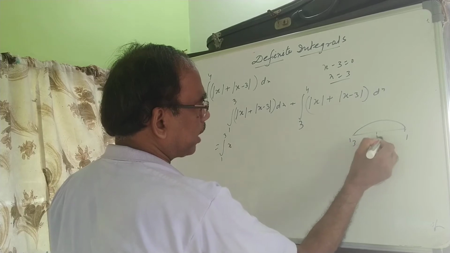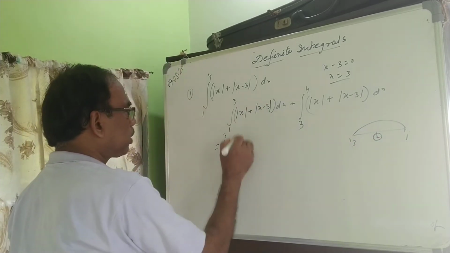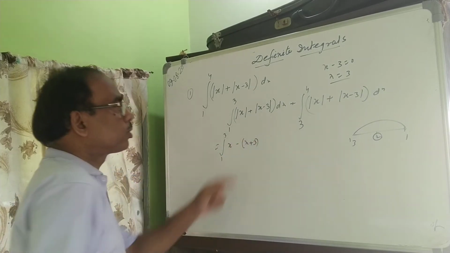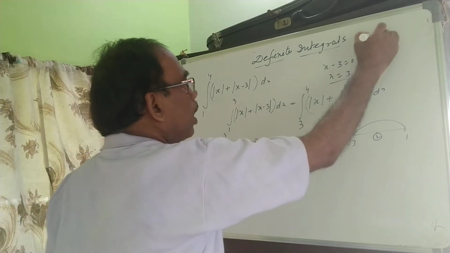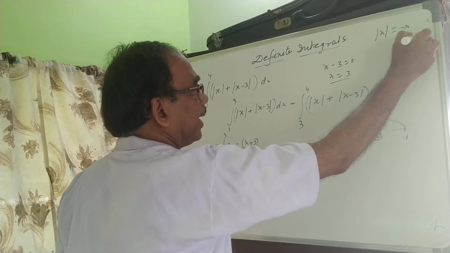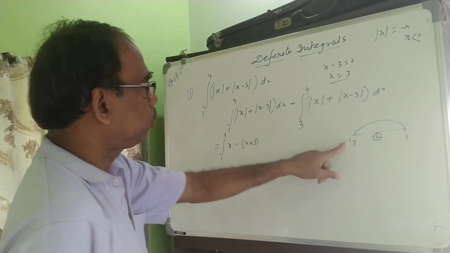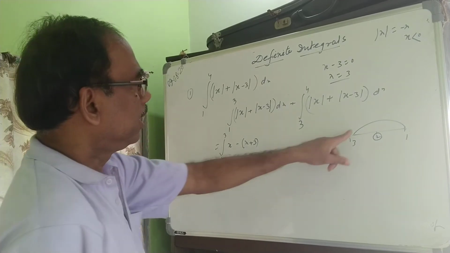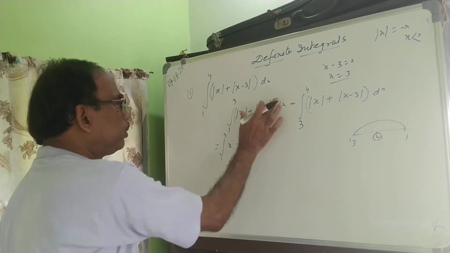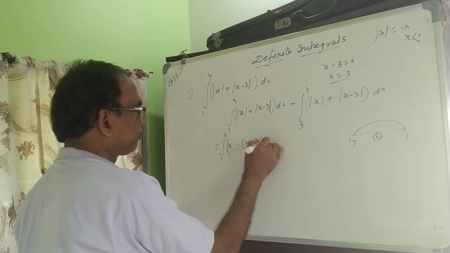In this interval, 2 minus 3 is negative, so the modulus of this will be minus bracket x minus 3, because modulus of x equals minus x when x is less than 0. Here x lies between 1 and 3. In this interval, suppose 2 is there, so 2 minus 3 is negative. Therefore, to remove the modulus, this will be a negative sign, dx.